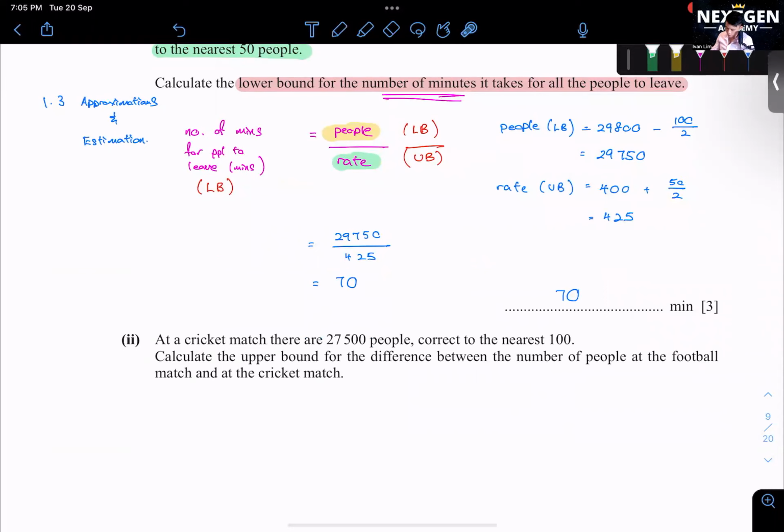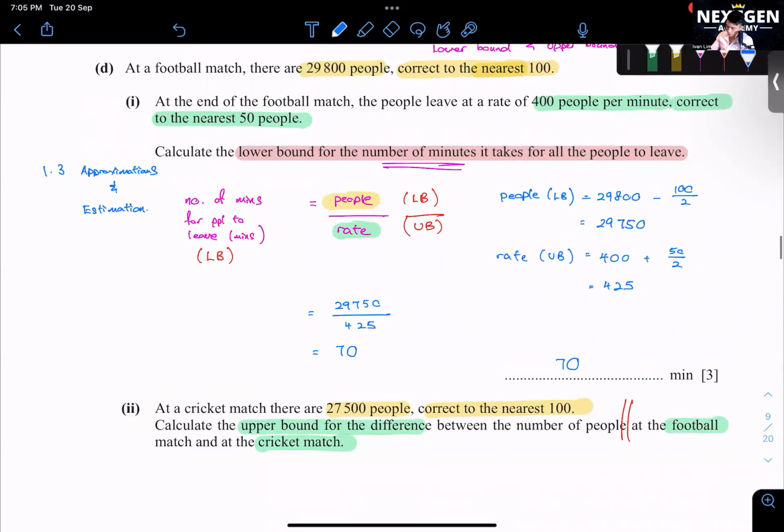At a cricket match, there are 27,500 people, correct to the nearest 100. Calculate the upper bound for the difference between the number of people at the football and cricket match. The rate is given to you.